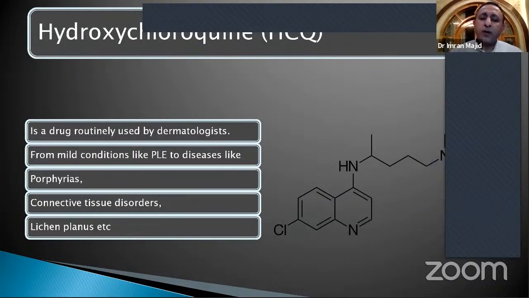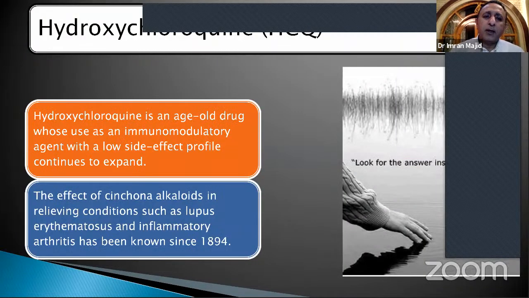Hydroxychloroquine is also a very exciting drug in alopecia areata treatment. So it is used routinely by us in many diseases. And this drug has shown some effect in alopecia areata as well.